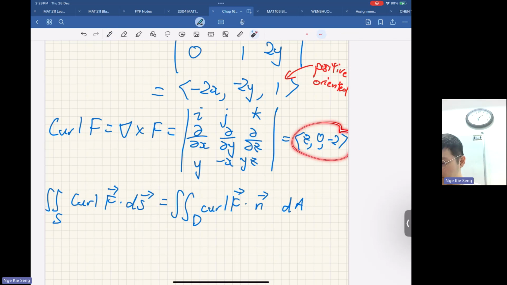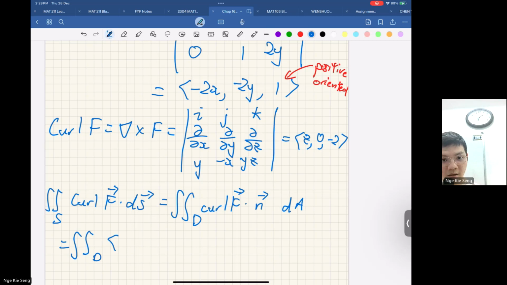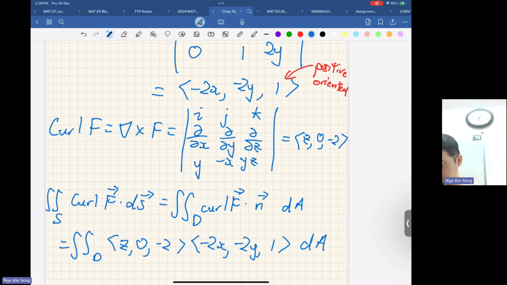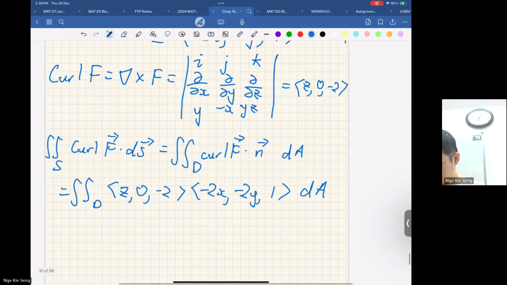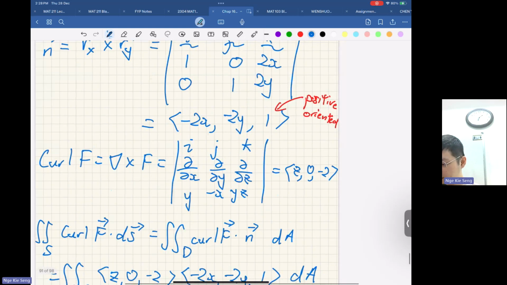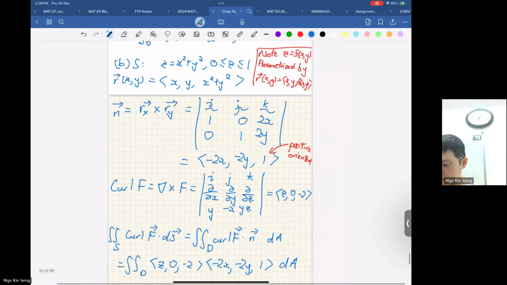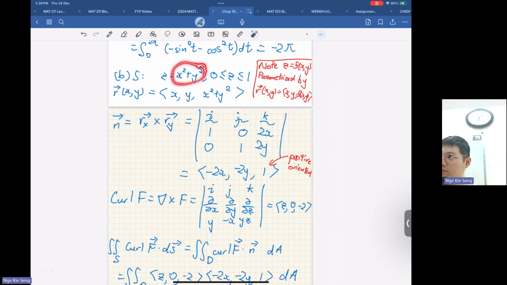Here is curl F, and here is the normal vector. Then we dot them together. What do you get if you dot them together? What happened on my surface? On my surface, what happened to z? My z is x squared plus y squared.